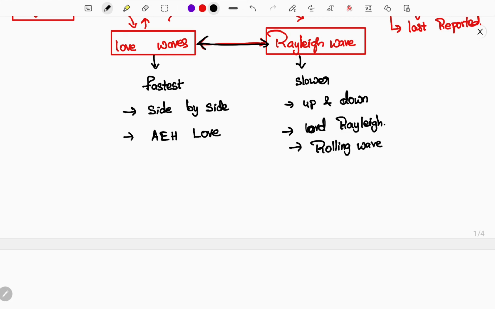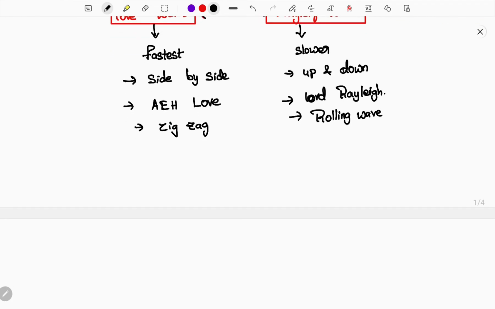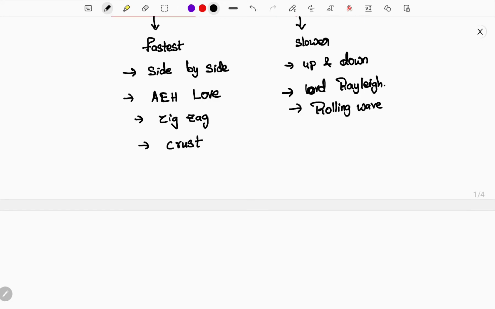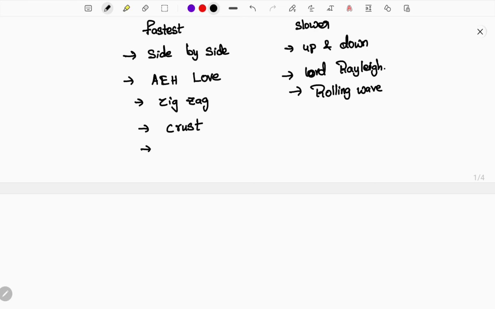Love waves are zigzag waves, because they move in a zigzag direction, so we call them zigzag waves. Both these waves move along the crust of the earth, and horizontal motion can be found in these waves.